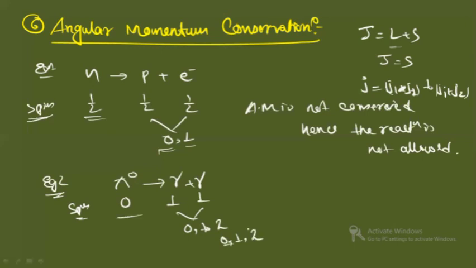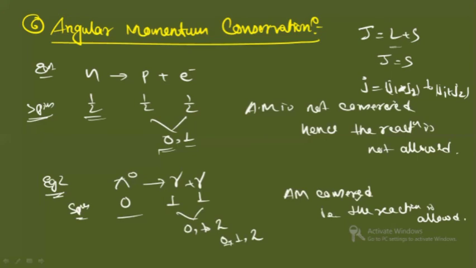Now you see this 0 and 0 are the same. That means this reaction has angular momentum conserved, that is, the reaction is allowed. Clear? So you have understood why we are using the spin in this case, because we cannot get L from these reactions.